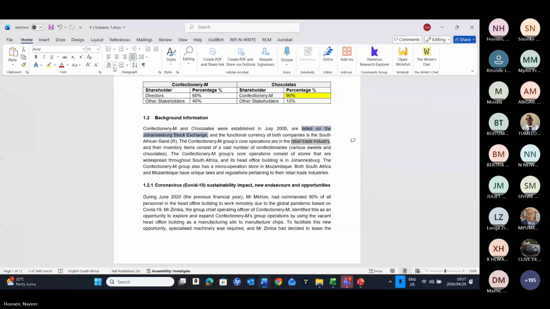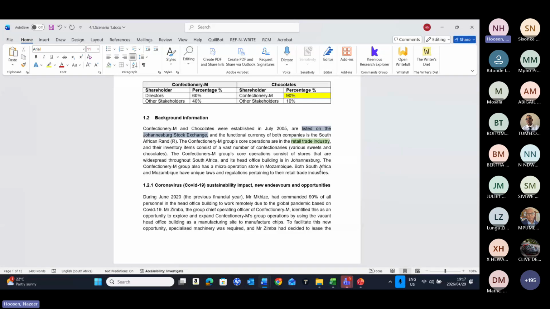Retail. Mining. Construction. Hospitality. Manufacturing. Transport.